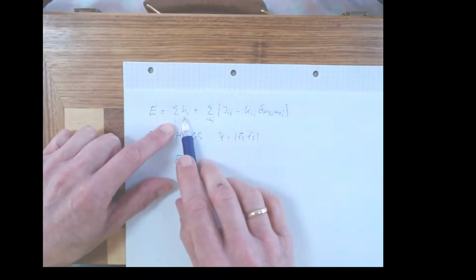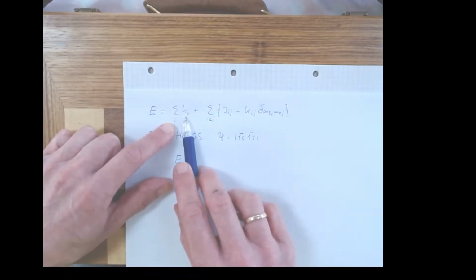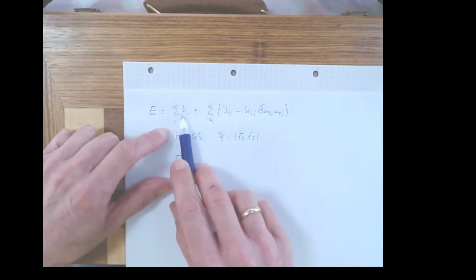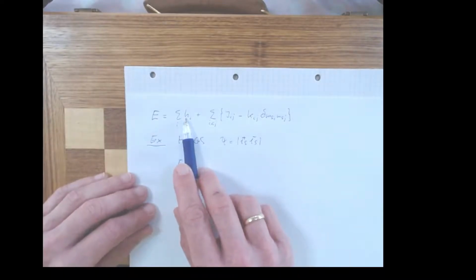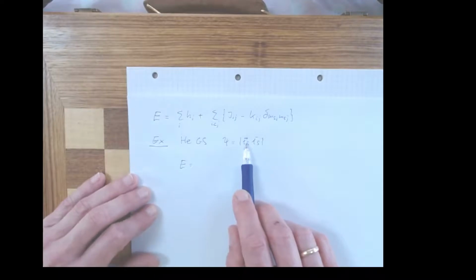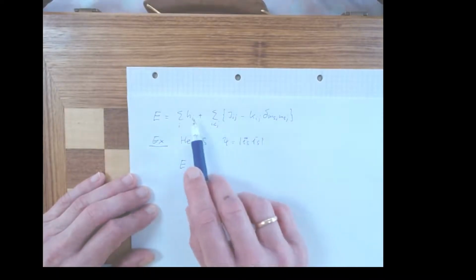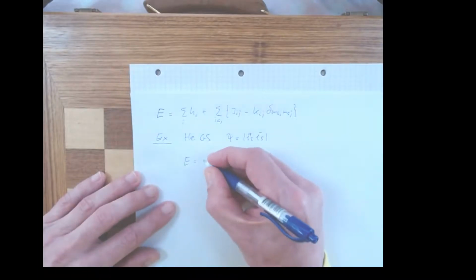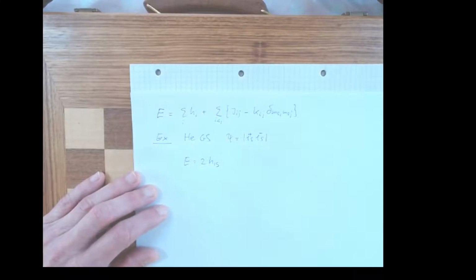So I get the two single body terms, where again, since there's no prime here, I have already done the spin integration. So this means that it doesn't matter whether I consider the plus or minus part. Both of them will give me exactly the same, and I get simply 2 times what I might call H1s.